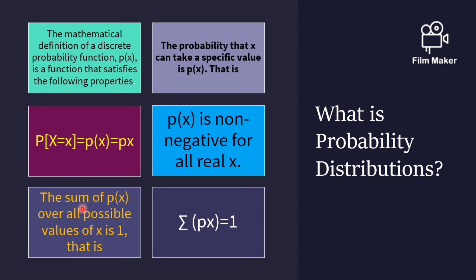The sum of P sub x over all values of x is equal to 1. That is, the probability that x can take a specific value is P sub x, and P sub x is non-negative for real x, and the summation of probability should be only equal to 1.